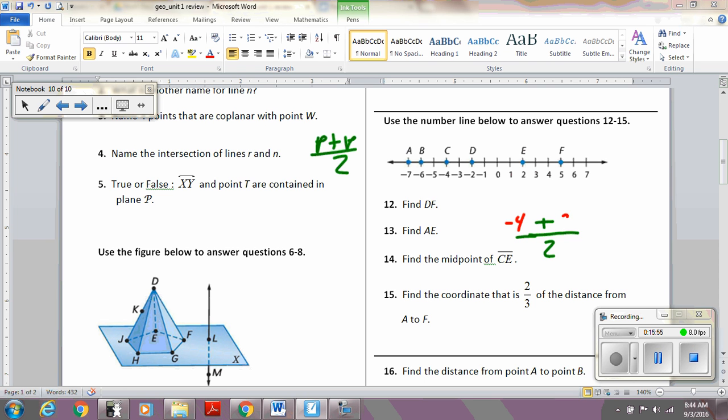Point E is at 2. And I'm going to do this one without a calculator as well. -4 plus 2 is -2. And -2 divided by 2 is -1. To me, it was just so much faster than to grab my calculator. But I already demonstrated how you can put it in the calculator in number 11.